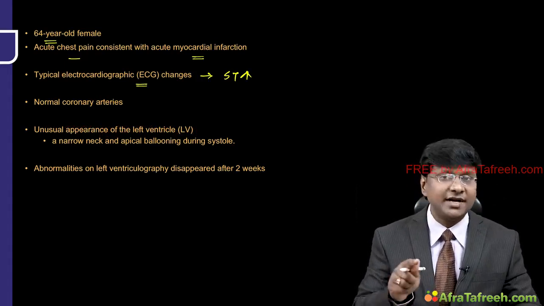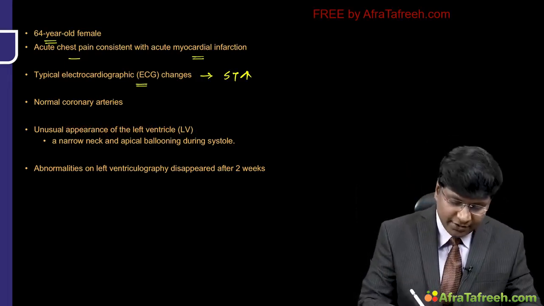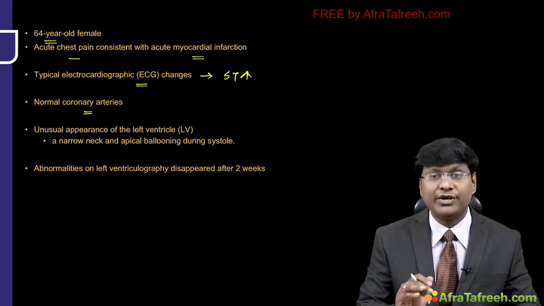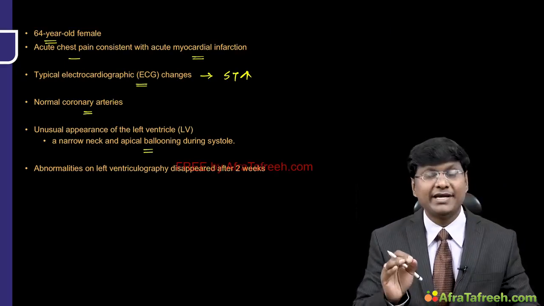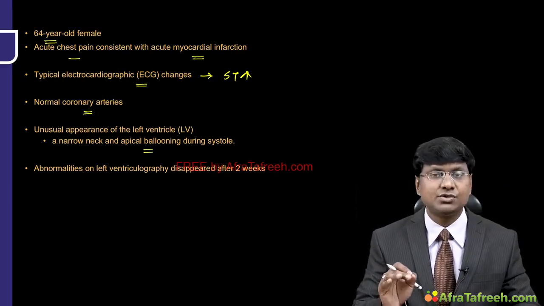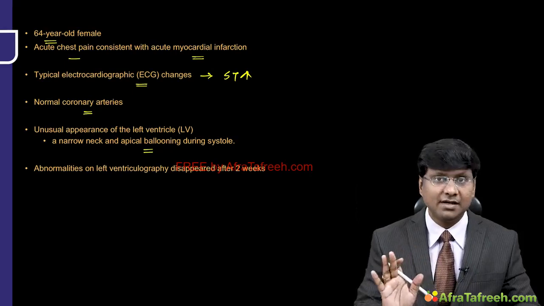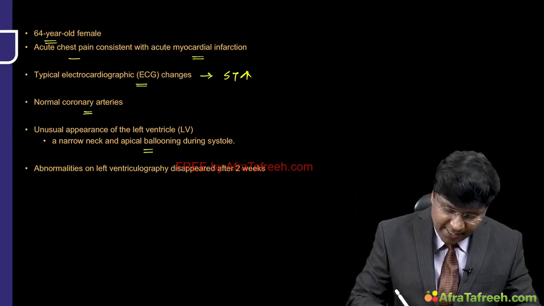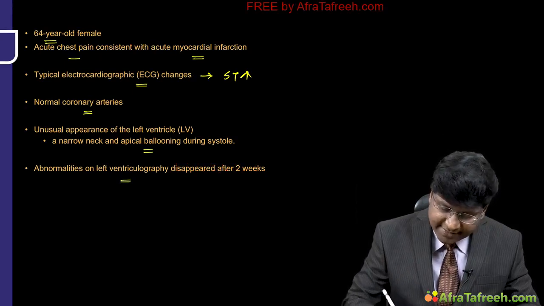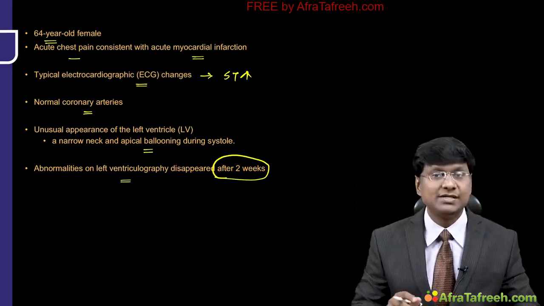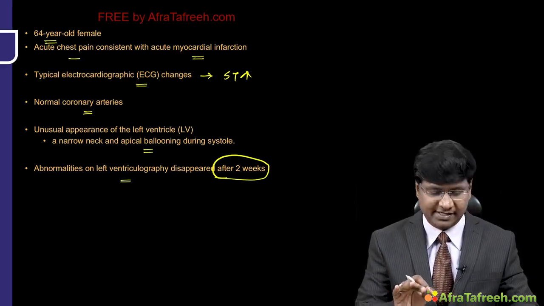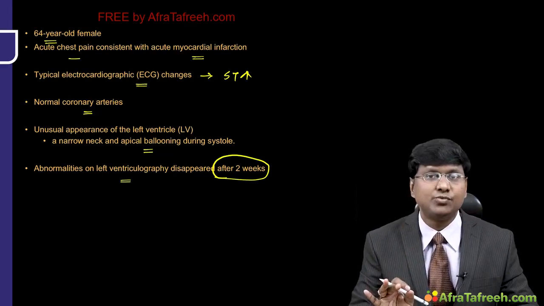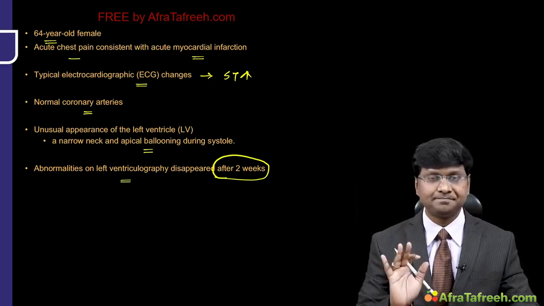But contrary to acute myocardial infarction, the coronaries were absolutely normal when coronary angiogram was done, and the 2D echo showed apical hypokinesia, which is also consistent with acute myocardial infarction. These abnormalities on left ventriculography disappeared after 2 weeks. So this was the first case, around the 1950s or 1960s, of the presentation of Takotsubo cardiomyopathy.